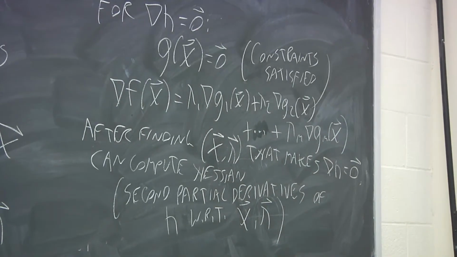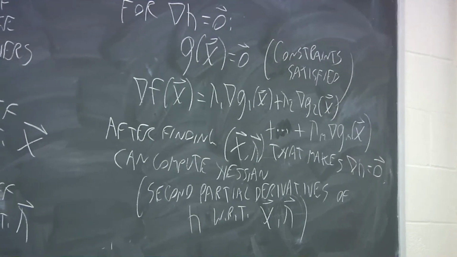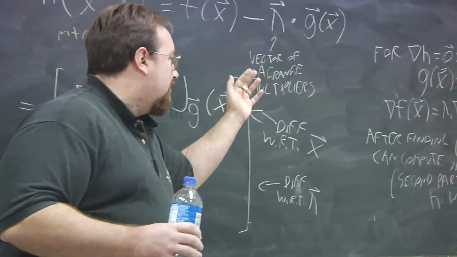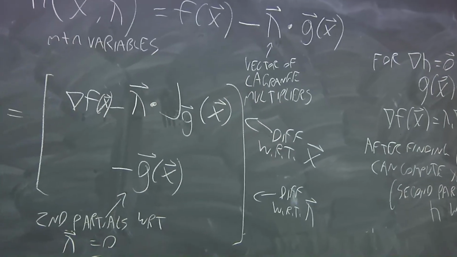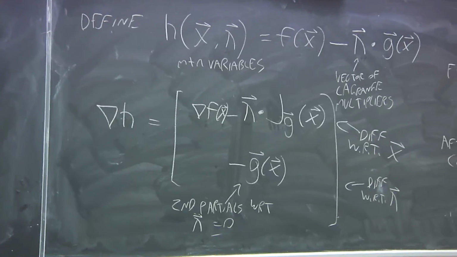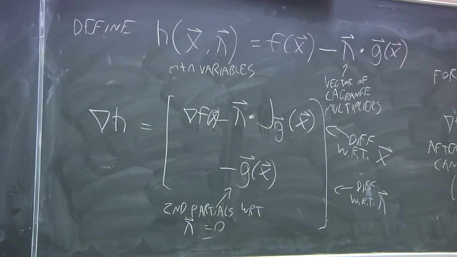So this is just another way of looking at this method of Lagrange multipliers. And even though the system of equations you have to solve is exactly the same, at least this viewpoint allows us to extend the second derivatives test to the constrained problem.